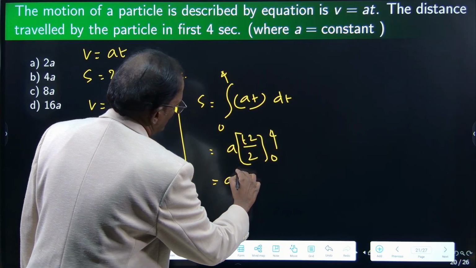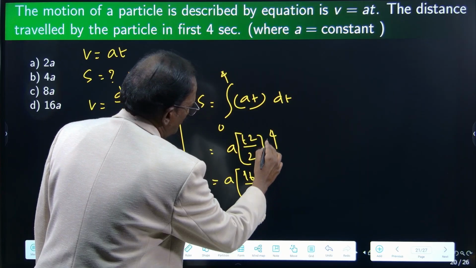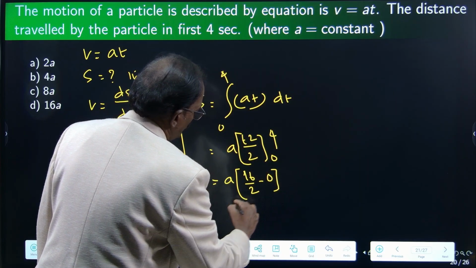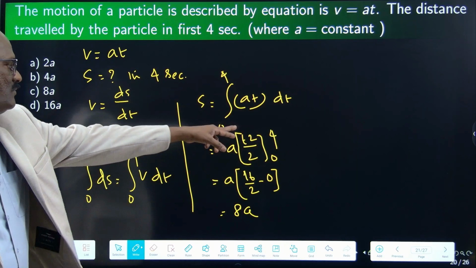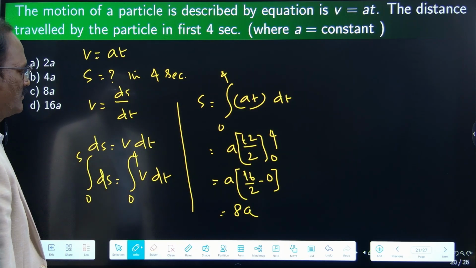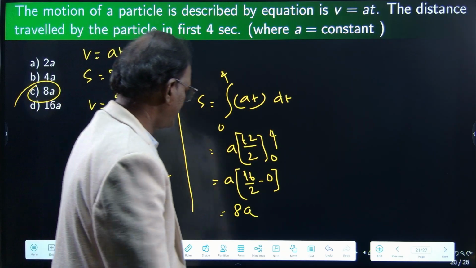This is A into 4 square by 2 minus 0. If we substitute t is equal to 4, 16 by 2, this is 8A. So the option C is correct.